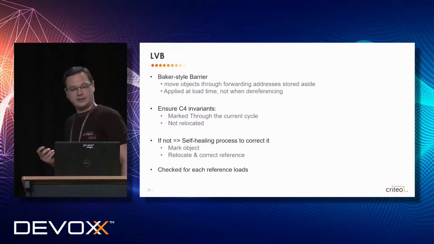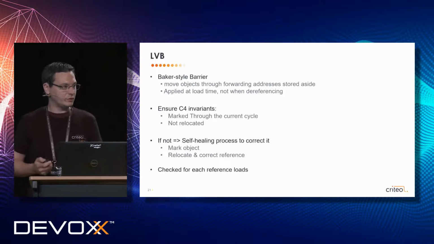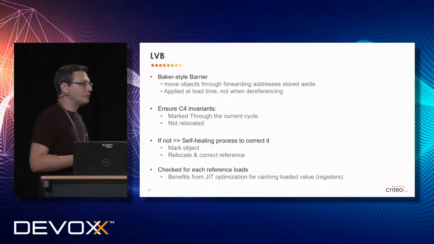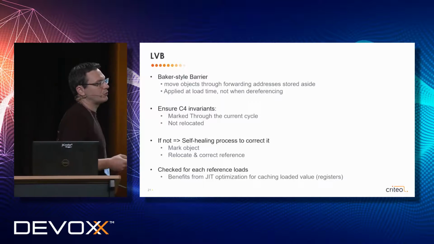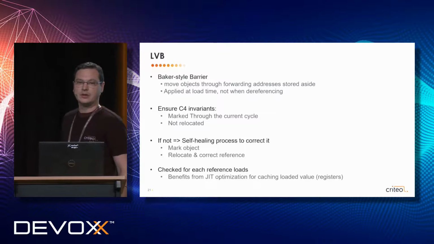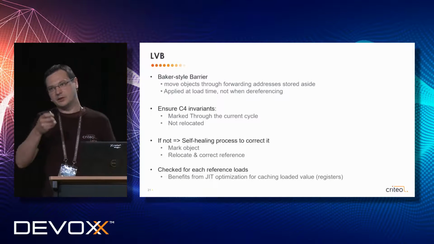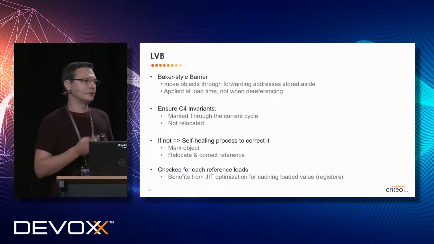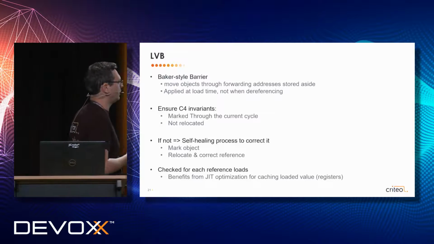This LVB is checked for each reference load, but we can benefit from the JIT optimization to put this reference already checked into a cache, like a register, and so we can have multiple accesses to the fields of an object, but only one check on this barrier.